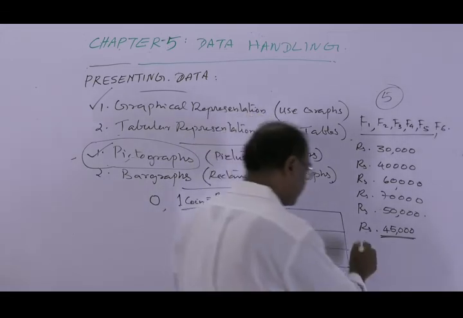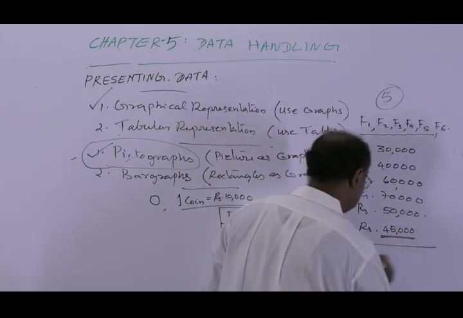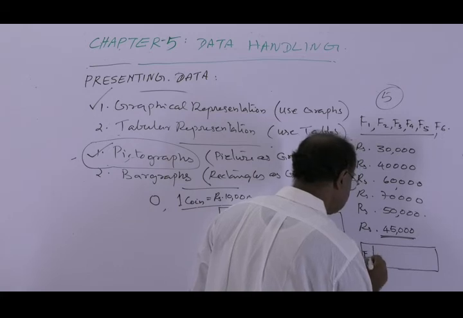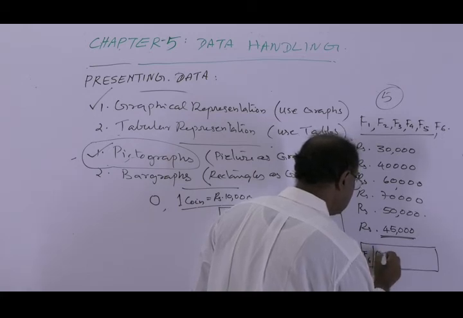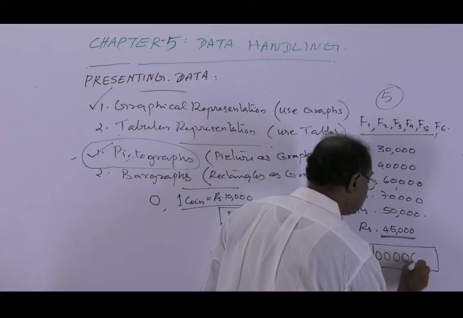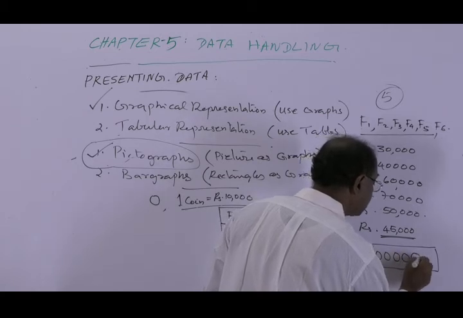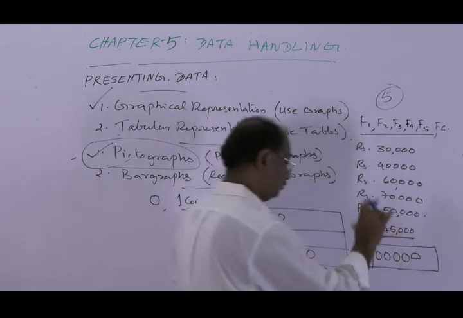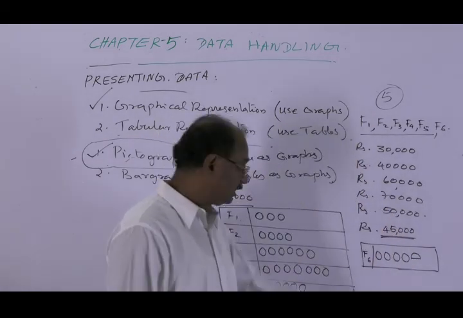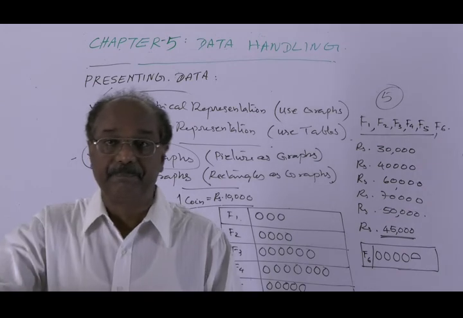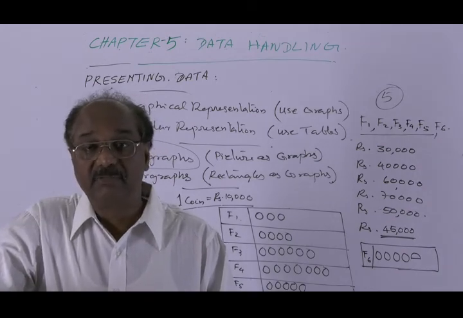For F6, 1 coin, 2, 3, 4 coins, then a half circle. This will indicate that the annual income of family F6 is 45,000.